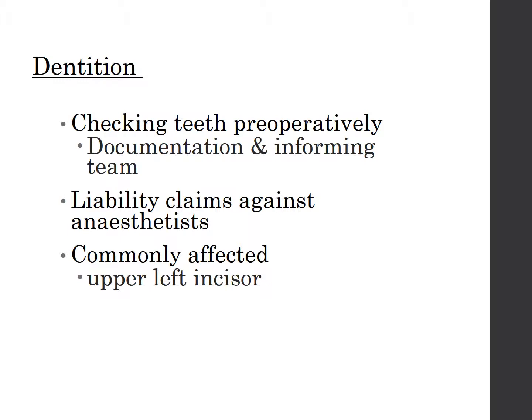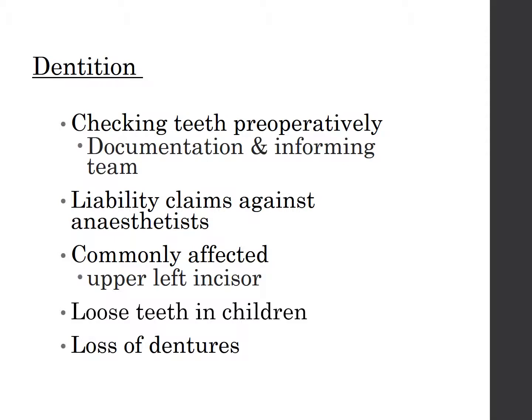Damage to teeth may require greater accountability from the anesthetist's liability of claims point of view, and the most commonly affected teeth would be the upper left incisors, and that's where there is a potential risk of damage during laryngoscopies, where the blade may come into contact by exerting extra pressure in the wrong direction towards the teeth. The teeth could be damaged, broken, or chipped.